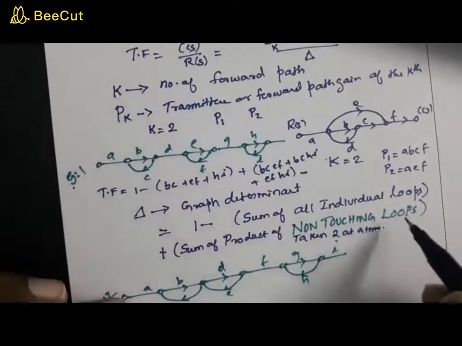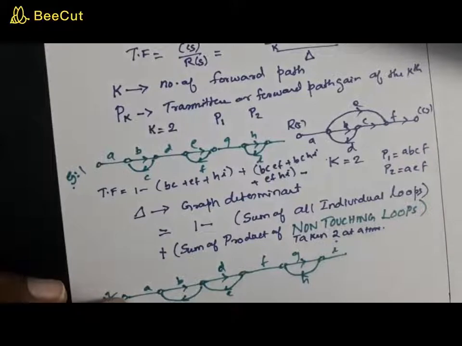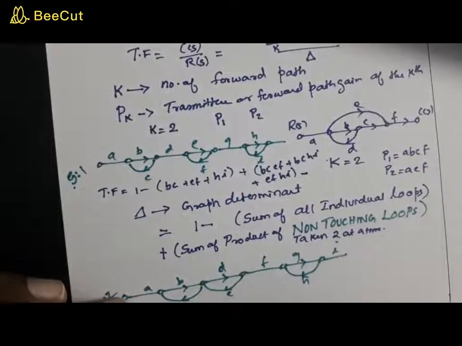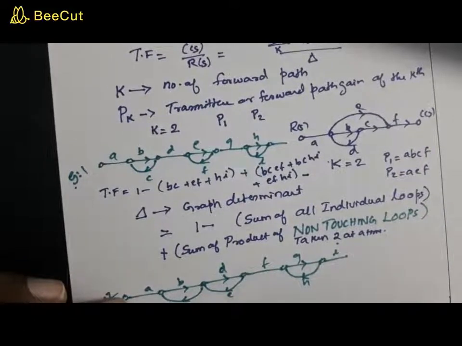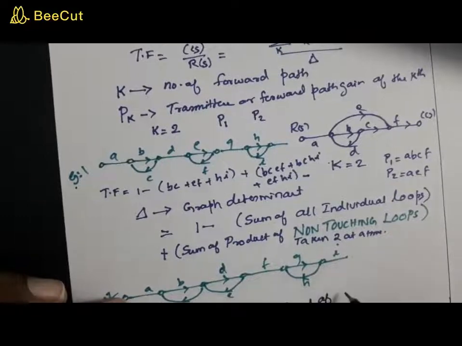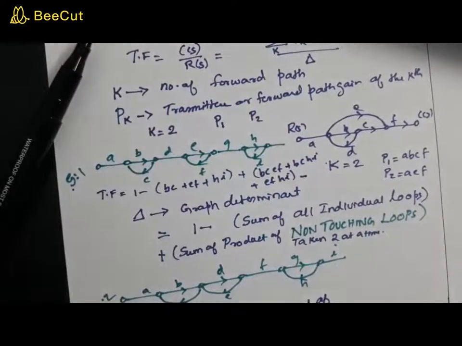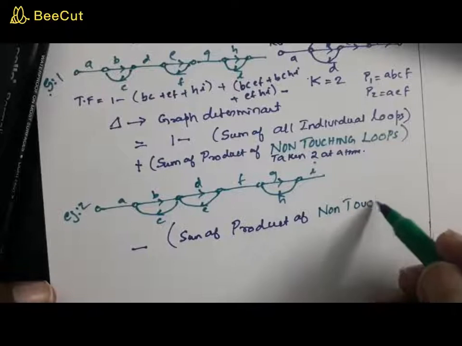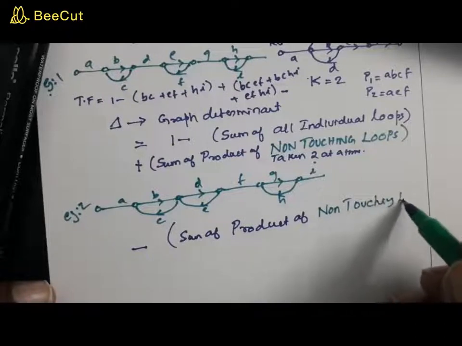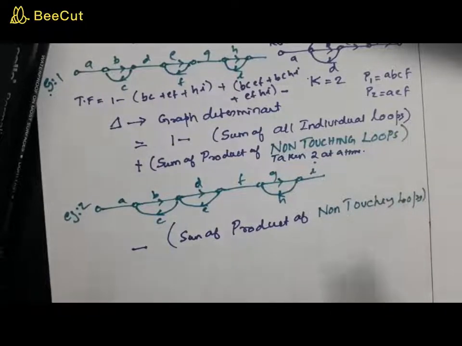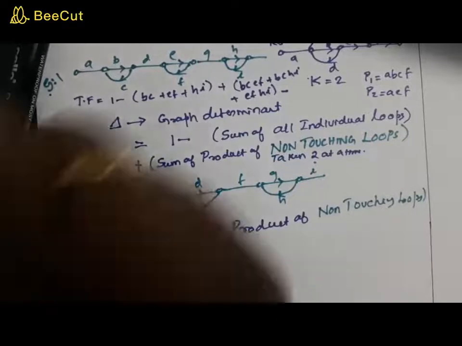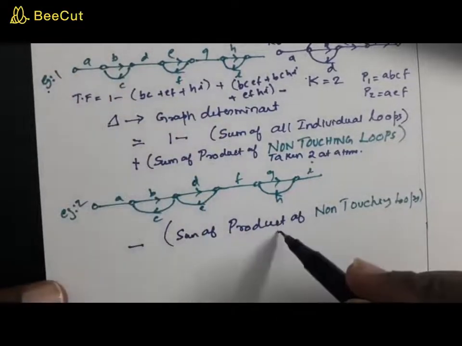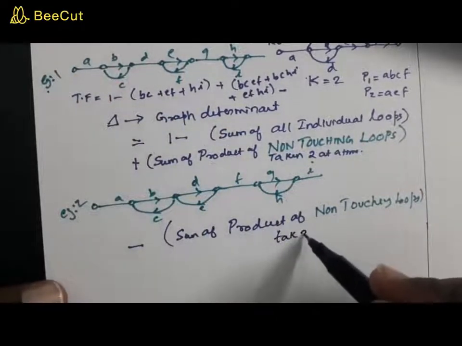This is plus the sum of the product of non-touching loops taken three at a time.